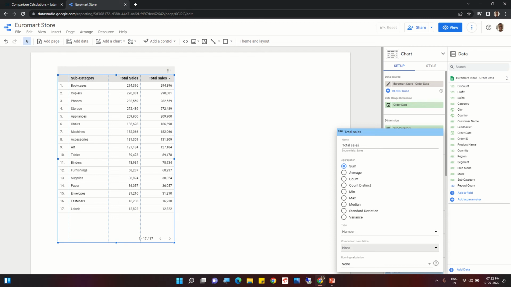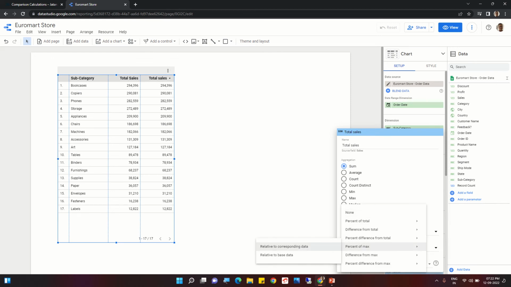Here we have one option, called comparison calculation. These two columns are the same. Against the bookcases subcategory, this is 294396, and this is also 294396, both the columns are the same. There are some features that we are going to learn here.